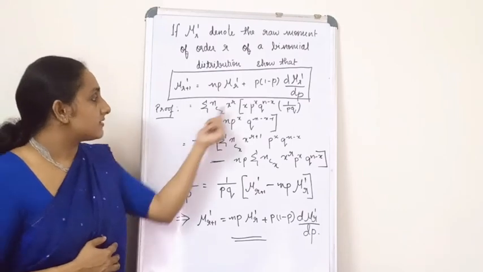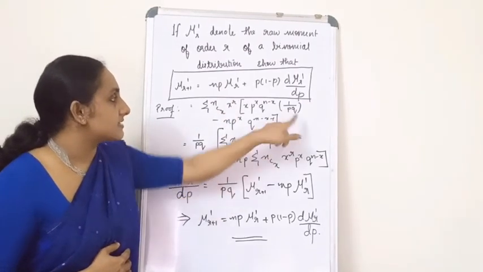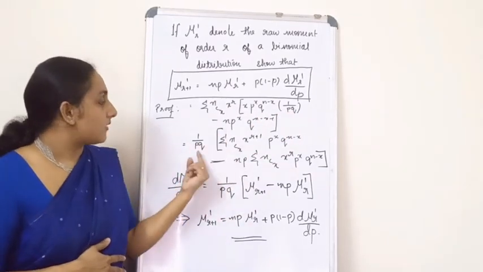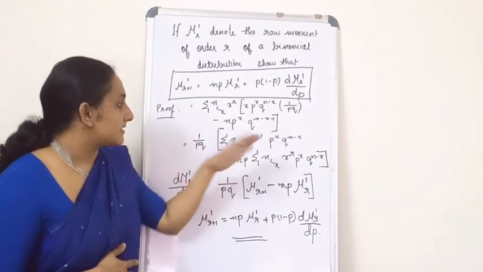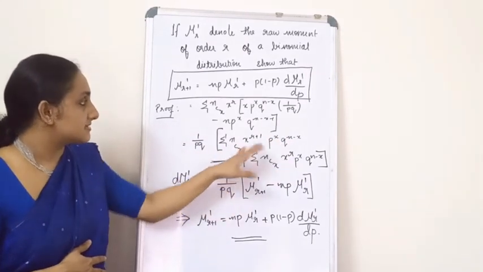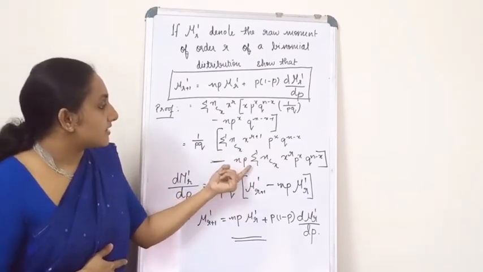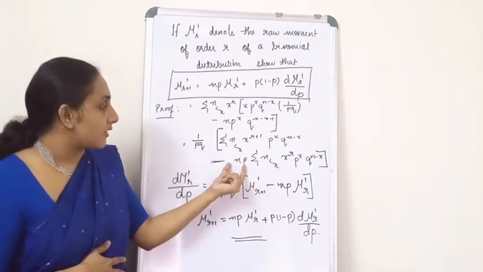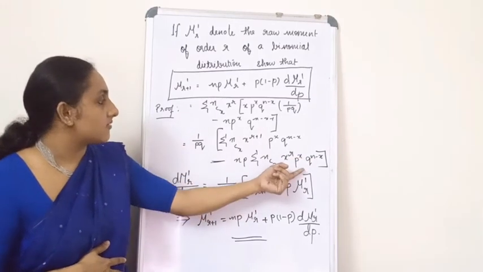So when I divide both the terms by pq, in the first term my pq vanishes because I divided by pq, and then I get p raised to x, q raised to n minus x. And here I get np, which is taken outside, and then I have p raised to x and q raised to n minus x over here.